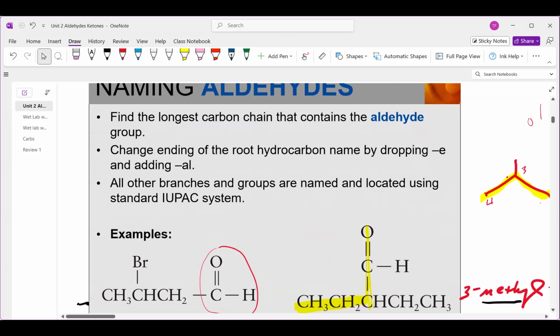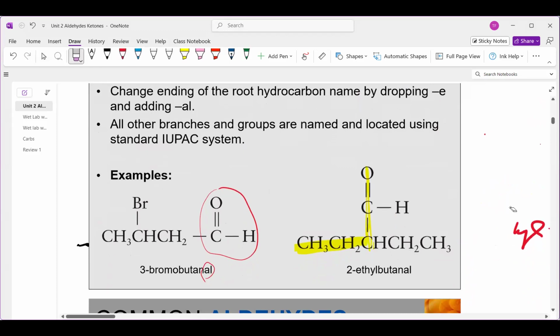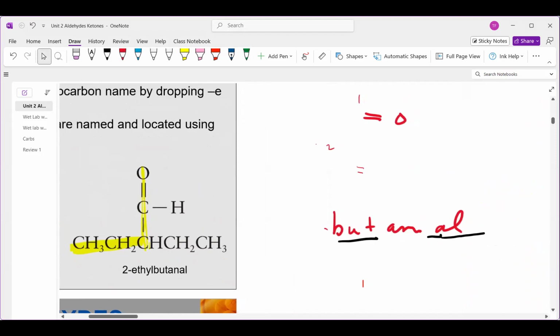Now, naming aldehydes. Remember aldehyde. It starts with Al. That's going to be the functional group name for aldehydes. So like before, we choose the longest carbon chain that contains the functional group. Here.